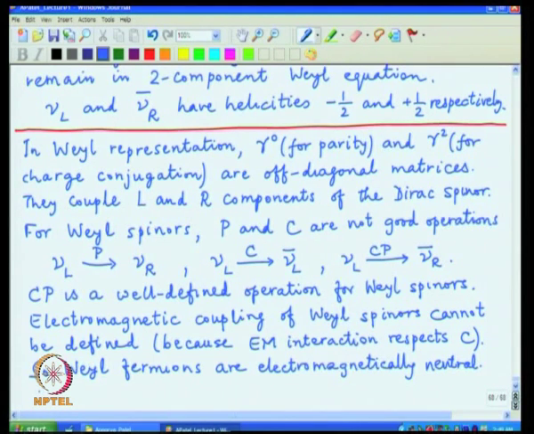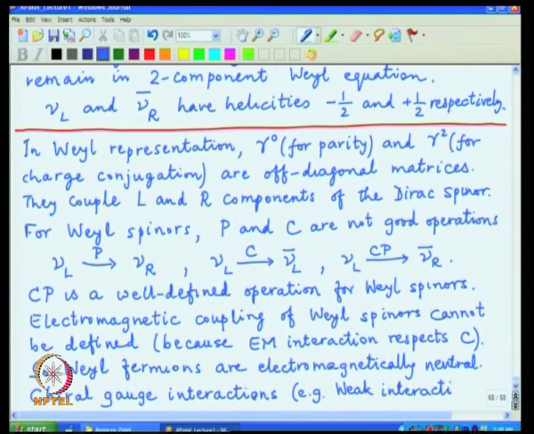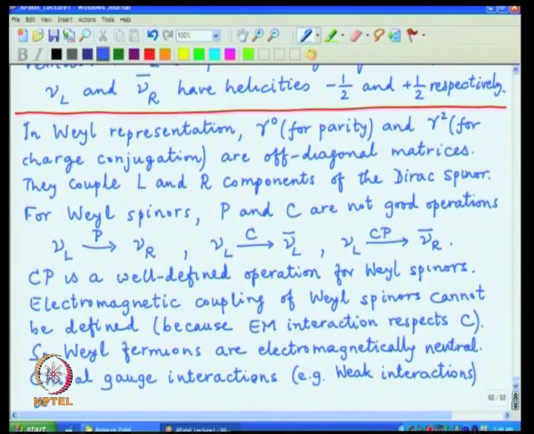So, these are called chiral gauge interactions, which is the weak interaction, they are allowed for Weyl fermions.